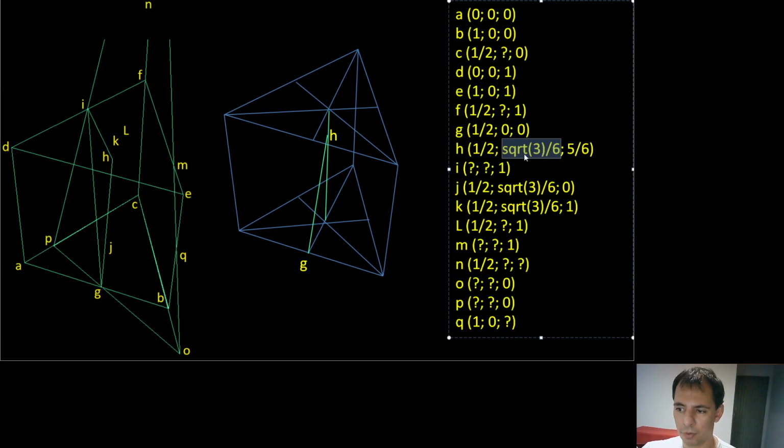We didn't have that before, and now we do, okay? And we also have a y value for k and j. K and j, square root of 3 divided by 6, and square root of 3 divided by 6 here. Okay, good. We're going somewhere.